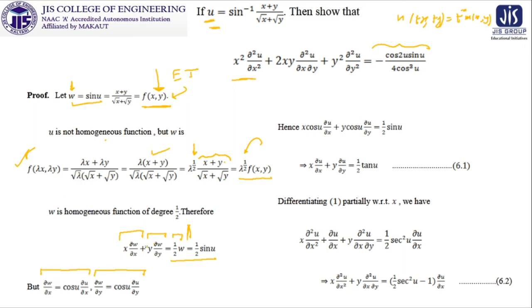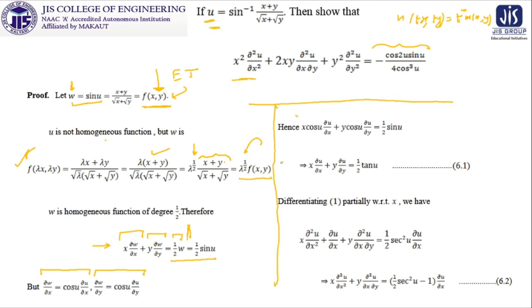So substituting these values in this Euler's theorem expression, in place of del w del x we write cos u del u del x, and in place of del w del y we write cos u del u del y. So substituting here we get x cos u del u del x plus y cos u del u del y is equal to half sin u.